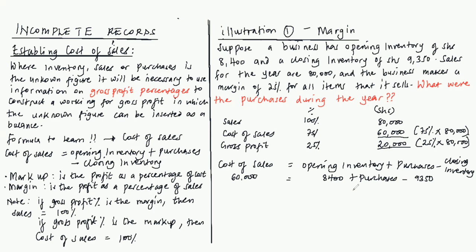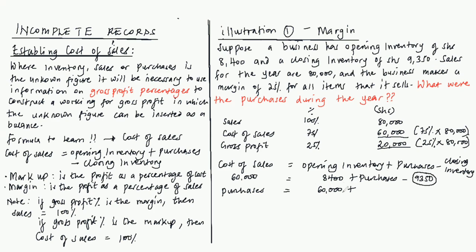When we rearrange this, it means that your purchases equal 60,000 plus the closing inventory, which is a minus.